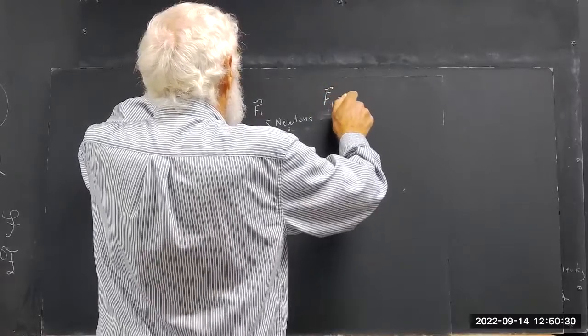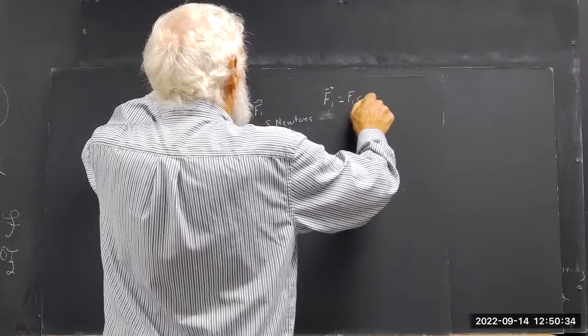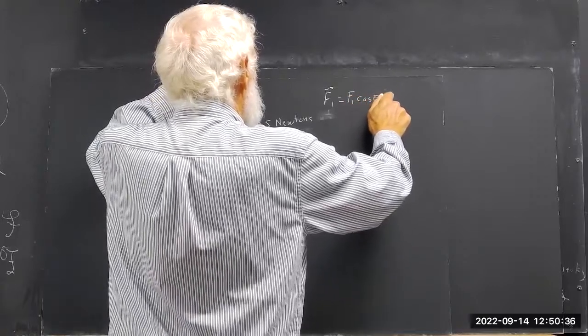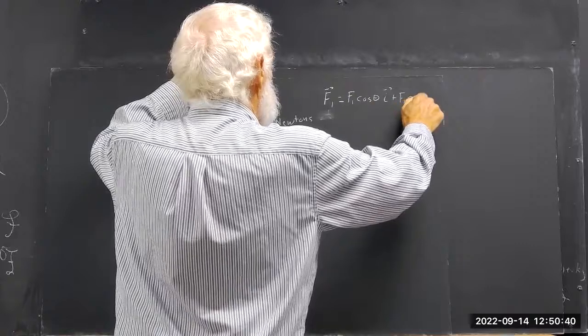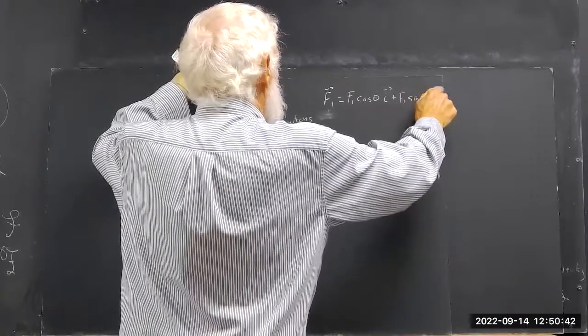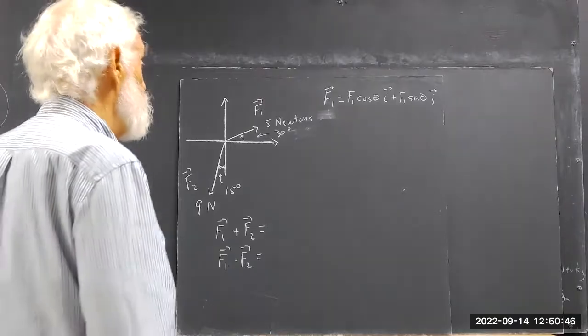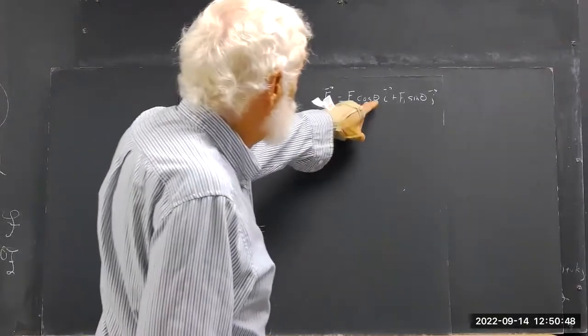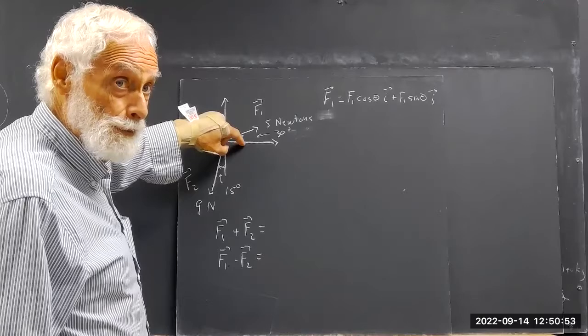F1 equals F1 cosine theta i plus F1 sine theta times the j vector. This assumes that theta is measured counterclockwise from the positive x-axis.